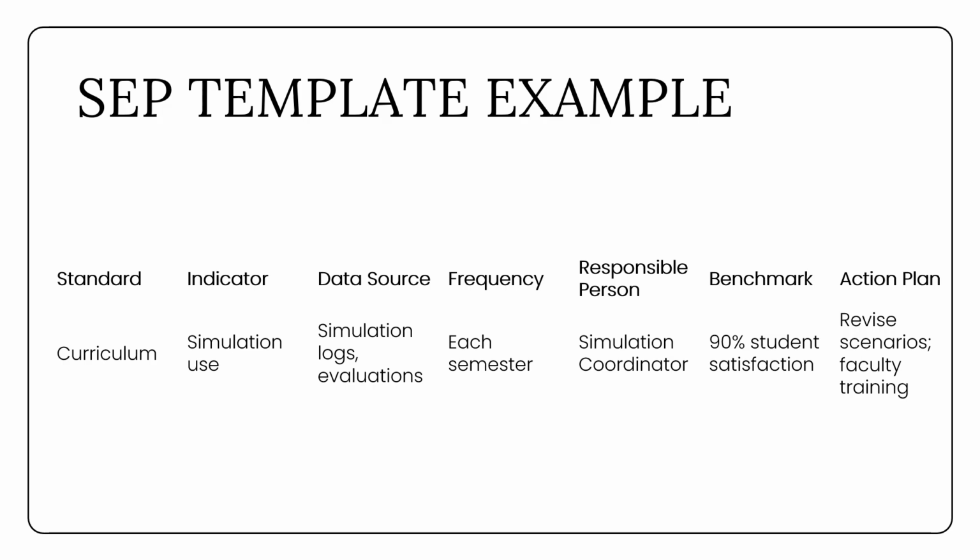The benchmark column sets the expected level of performance, such as 90% student satisfaction or 100% faculty completion of training. Finally, the action plan column describes what the program will do if that benchmark is not met. This structure ensures that the SEP is actionable, measurable, and aligned with ASBN expectations.